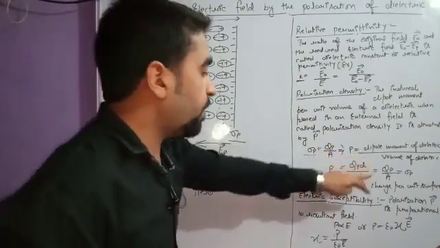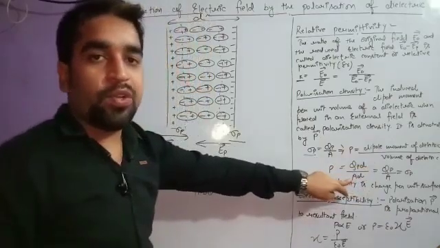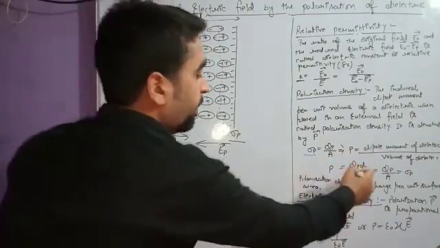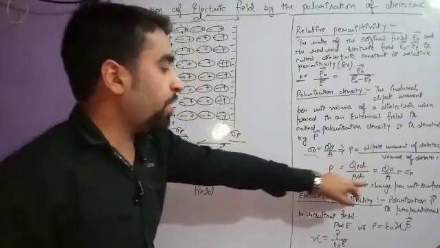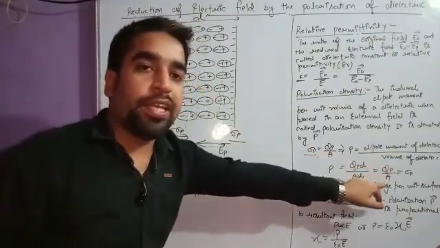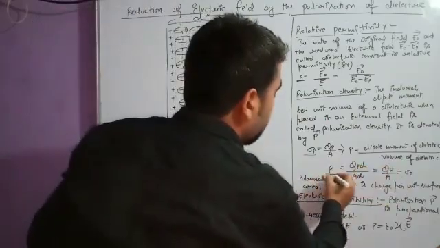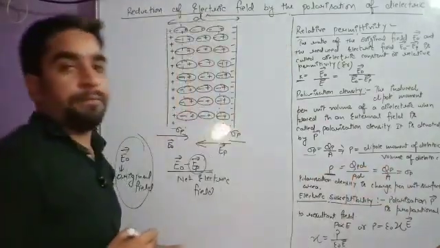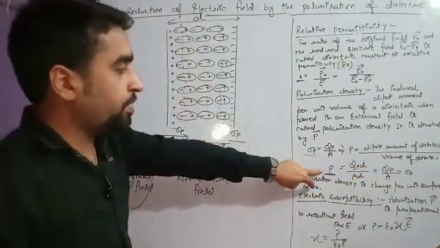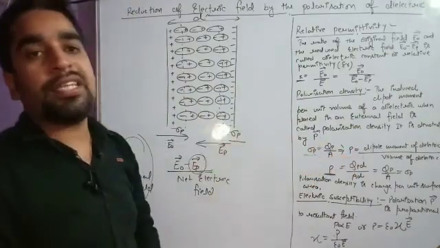What is volume? Area into length, so A into d. d and d get cancelled out, and we get Qp upon A. We already know charge per unit area is charge density, so sigma p.